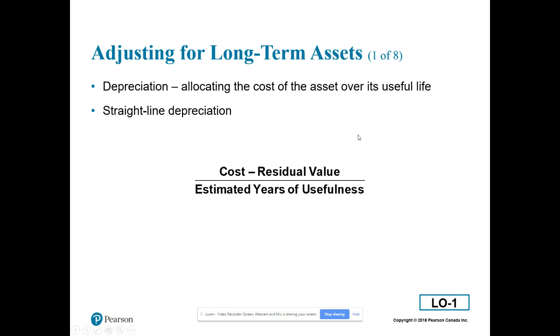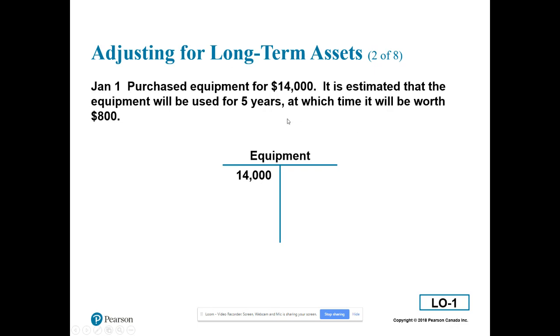Now let's see what example they have in the book. In the book, they say, on January 1st, I purchased equipment for $14,000. It's estimated that we'll be using this equipment for 5 years, at which time it'll be worth $800. So the first entry I do is I say, I'm going to record this equipment because it cost me $14,000. And maybe I paid for it with cash or whatever.